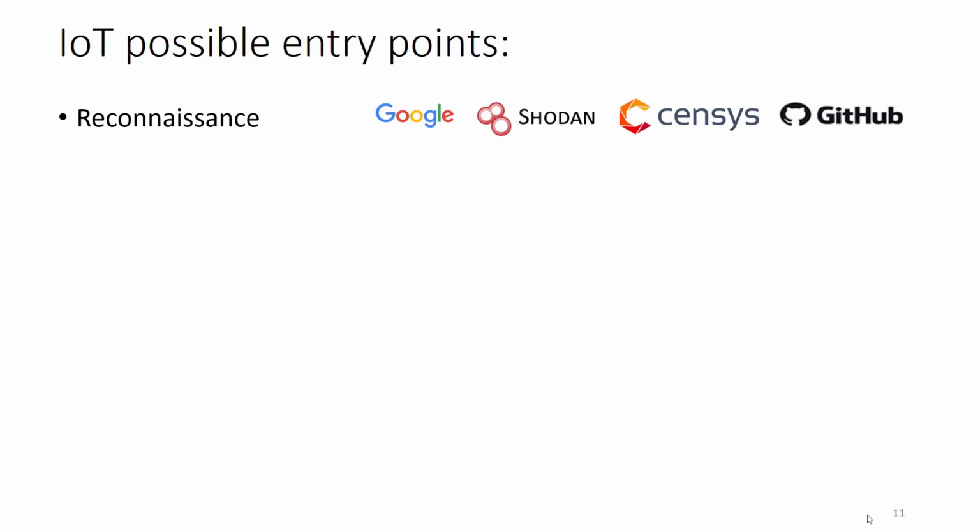To start with reconnaissance, there is Google, which answers everything about anything. So if you want to know about any device, you can just ask Google about it. Then there's Shodan and Censys, which are specialized IoT search engines.